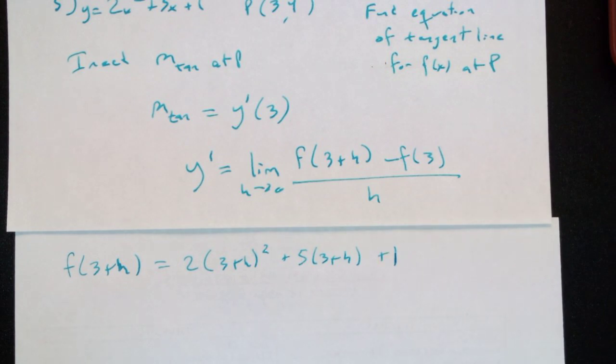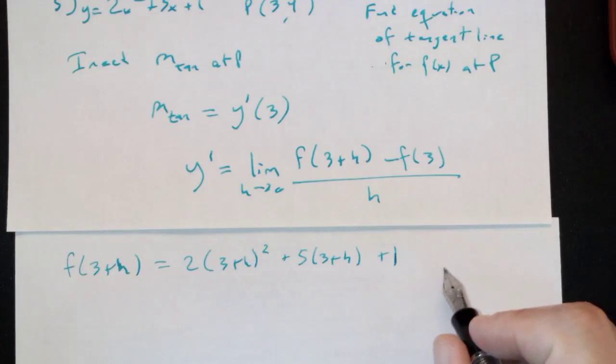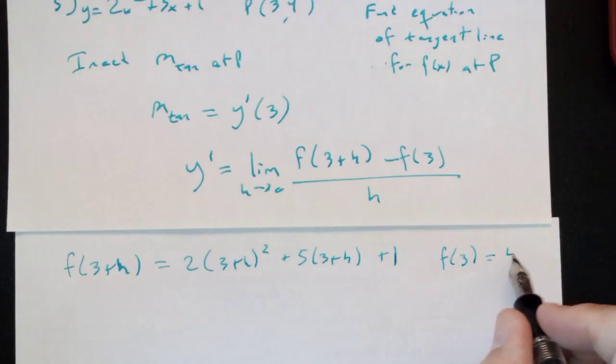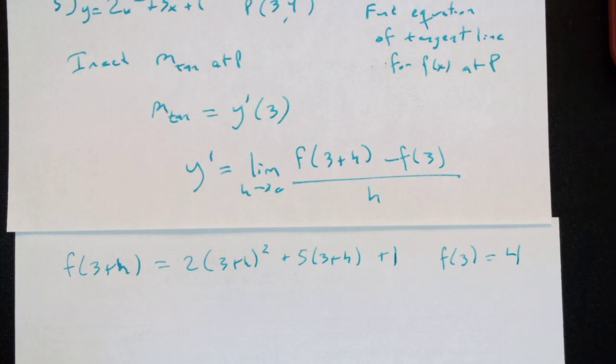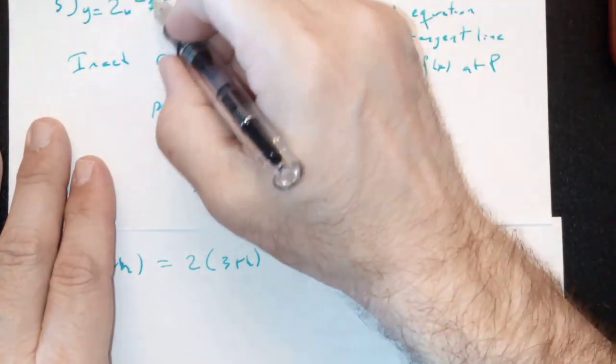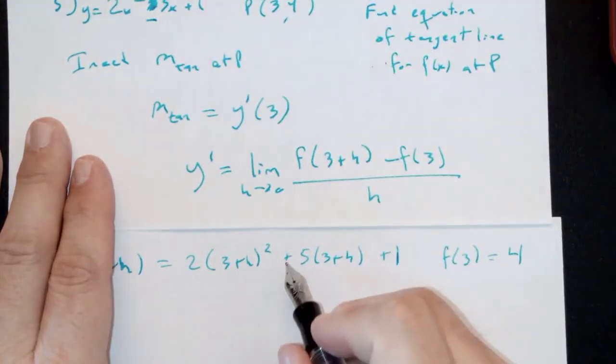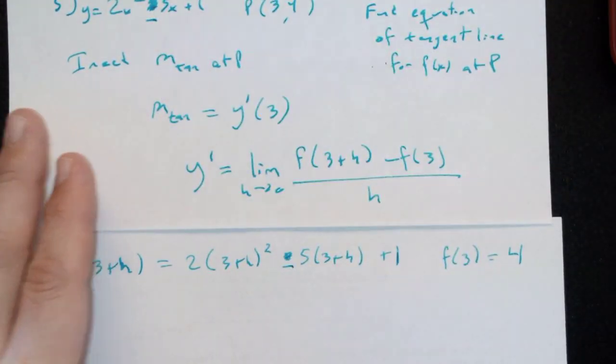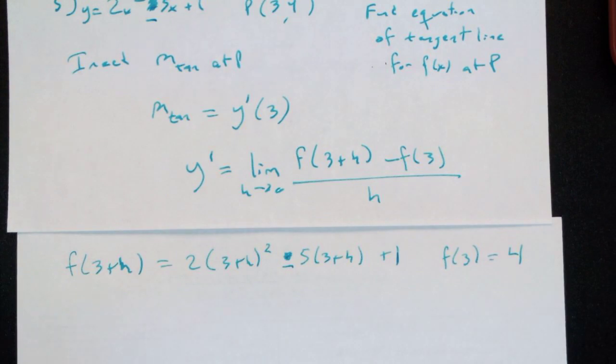That's the y coordinate for my point. F of 3 is 4. So I don't have to do that calculation separately. F of 3 is 4 means I have a sign error. That's a minus sign. Whew. I was wondering why something looked wrong. Got to copy the problem down, write everything up.